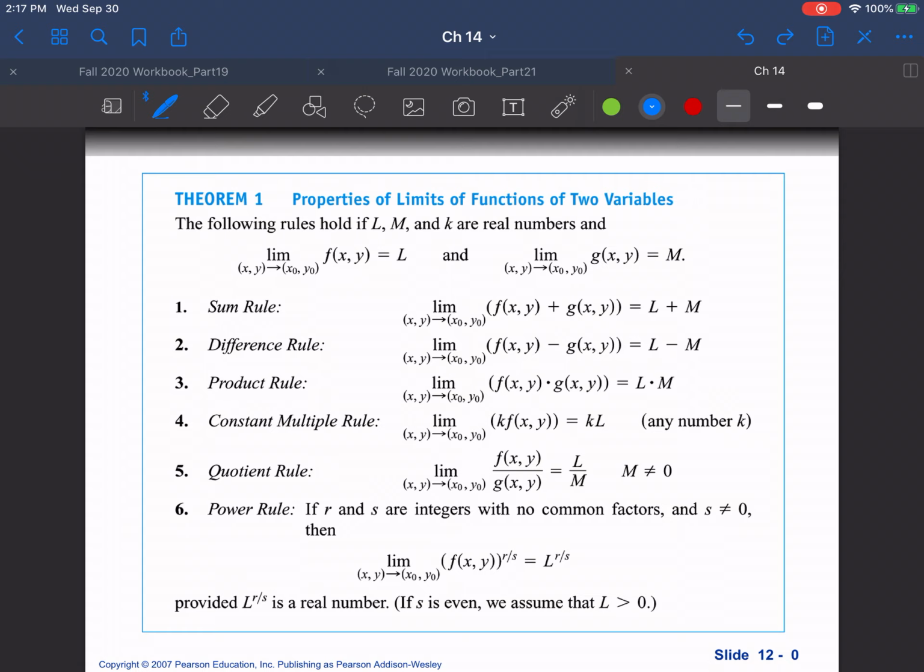The constant multiple is just the constant multiple times the limit. Then we can use the quotient rule, where the limit of a quotient is just the limit of the numerator over the limit of the denominator. And of course, the power rule, provided we get a real number there, is just the limit of whatever's inside raised to that power.